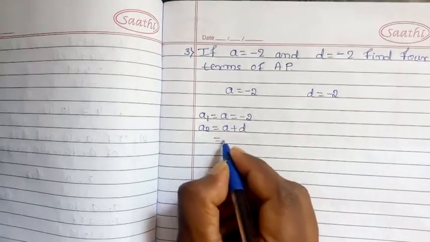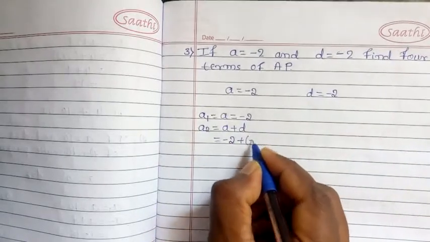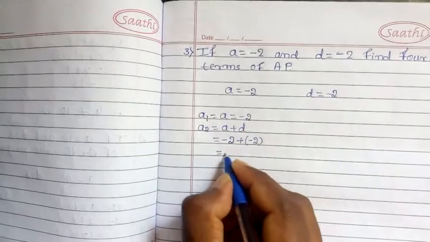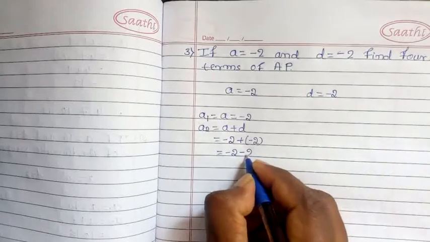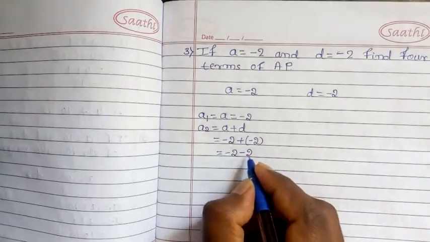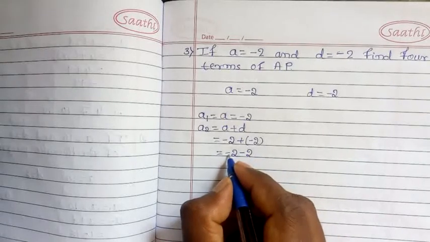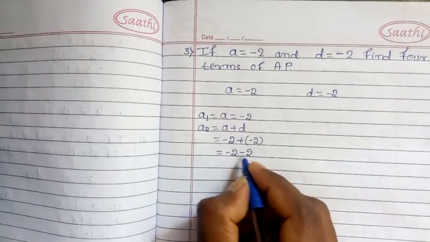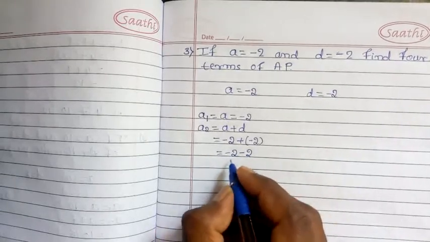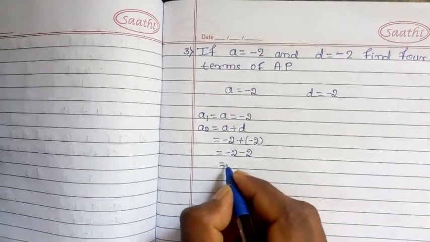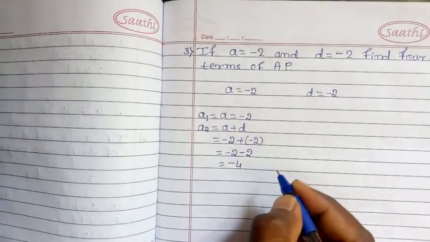Here a value is -2 plus d value is -2, so -2 plus -2. If two numbers have the same sign, then we add and put the same sign. Here -2 and -2 have the same sign, minus minus, so we add and put the same sign. 2 plus 2 is 4, so -4.